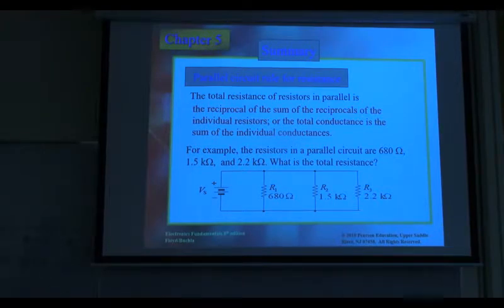Now, can you calculate what is the total resistance for that example? Everybody got a calculator? And calculate that. If you don't have a calculator with you, you can discuss it with others. At least you need to know how to calculate it.